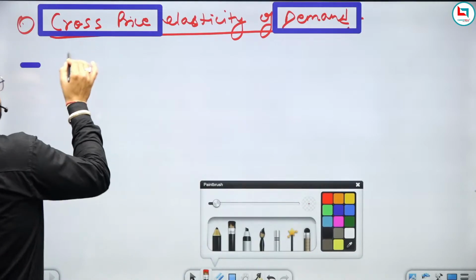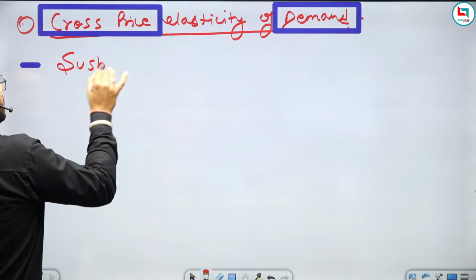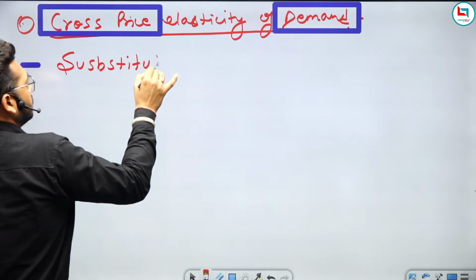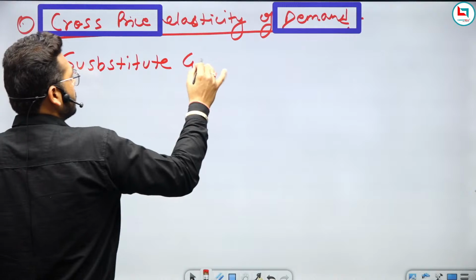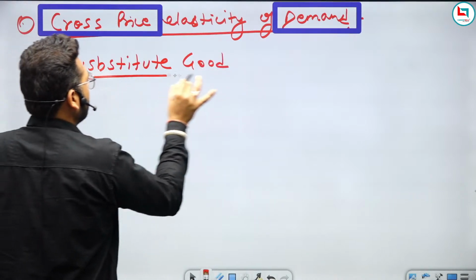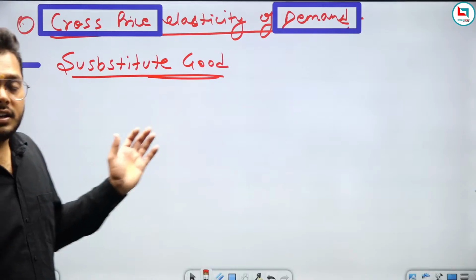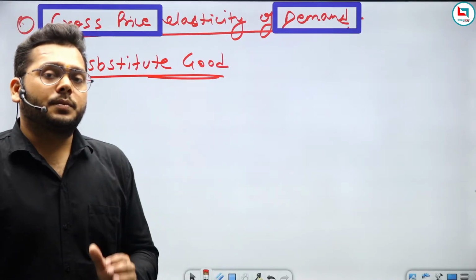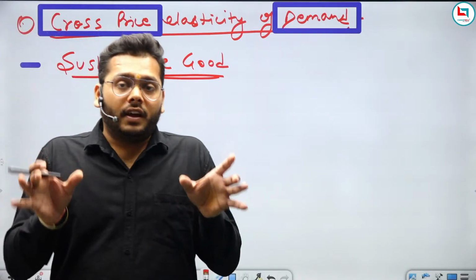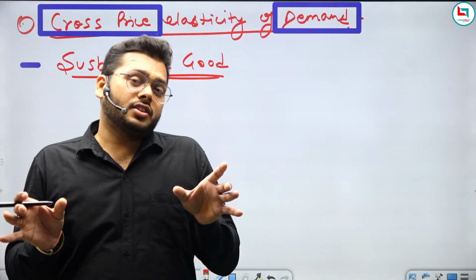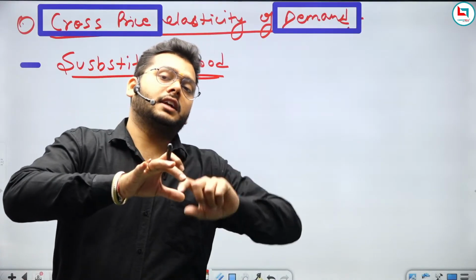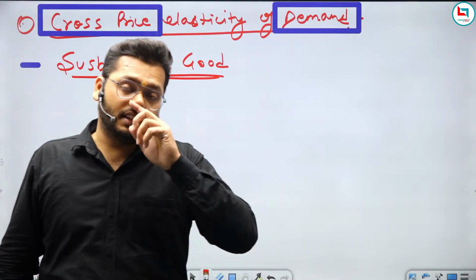The first thing was substitute goods. You get this effect in substitute goods. Substitute goods means when there is a change in the price of one good and a change in the demand of another good.